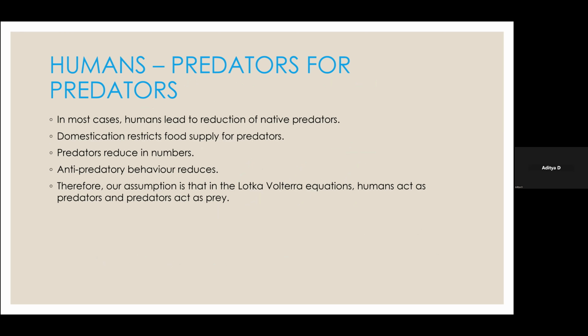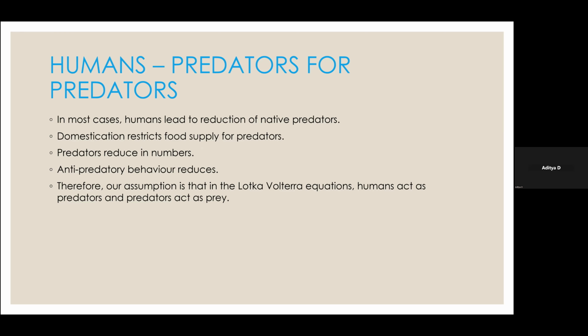One of our primary assumptions is that humans actually act as predators of predators. We made this assumption because it's observed that humans lead to a reduction of native predator populations, or at least a reduction of activities of native predators. That's because domestication restricts their food supply.